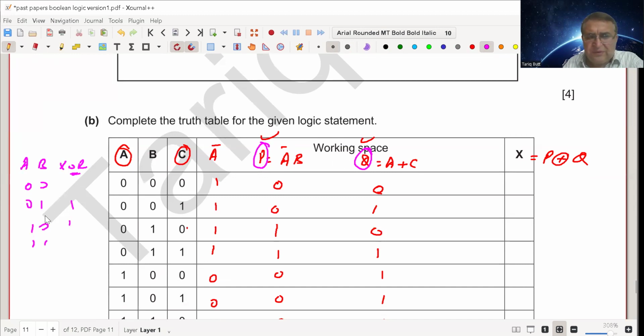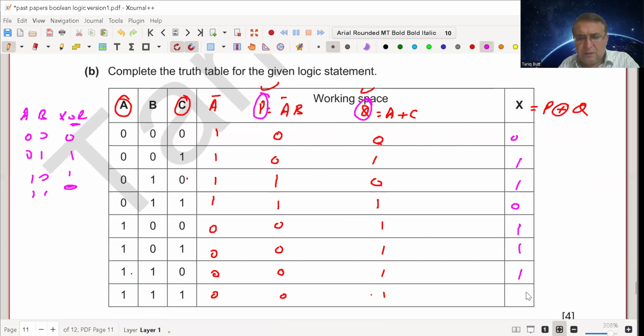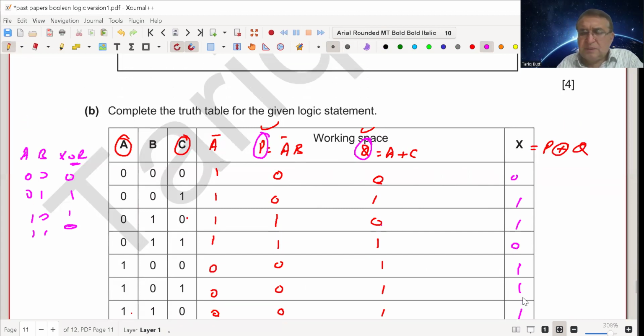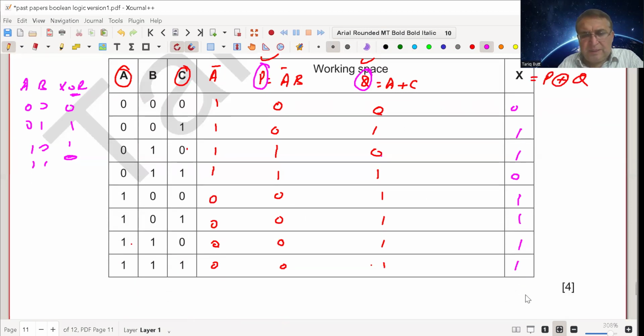So output is 1 when both of its inputs are different, otherwise 0. So just apply this for these two columns. So same 0, different 1, different 1, same 0, different 1, different 1, different 1, and different 1. That's it. So this is the truth table for this particular circuit. Fine.